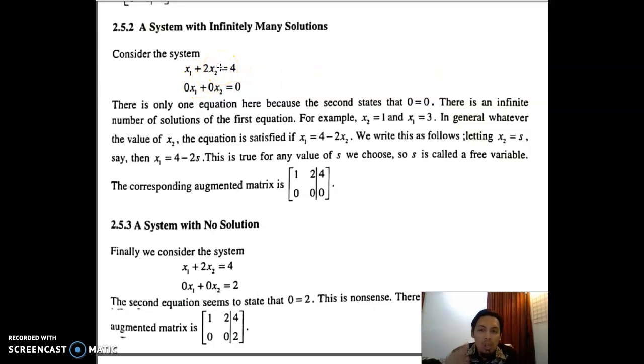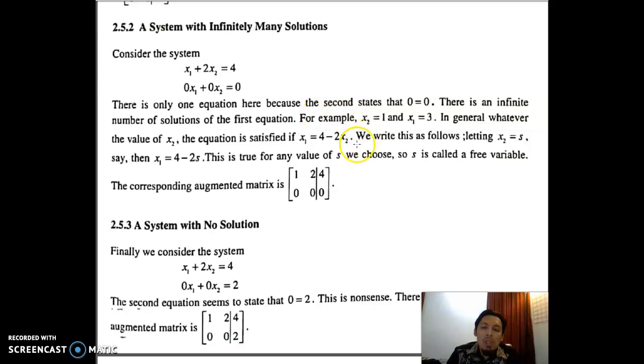The most that we can do with this kind of equation is put, let's say, 2x2 on the right hand side, and the most we can answer is x1 equal to 4 minus 2x2. This would be the most optimum kind of answer that we can give with this kind of system.